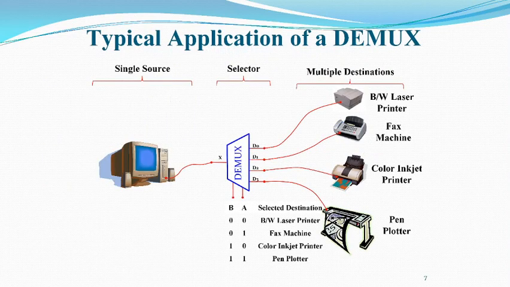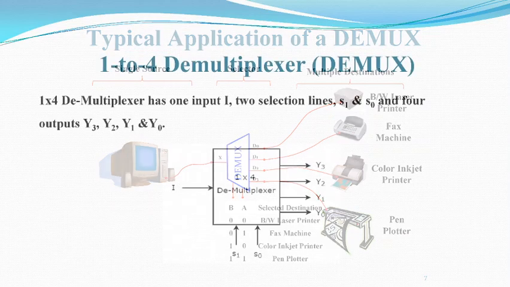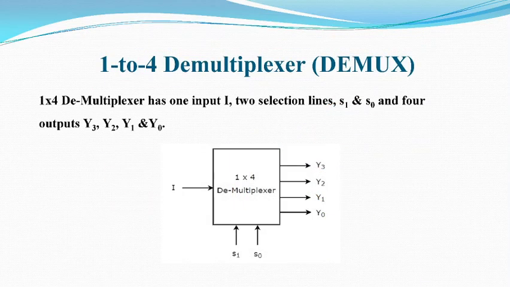This slide shows the day-to-day application of demultiplexer. In this session, let us consider the 1 to 4 demultiplexer. This 1 to 4 demultiplexer consists of one input and four outputs. The number of selection lines depends on the number of outputs.